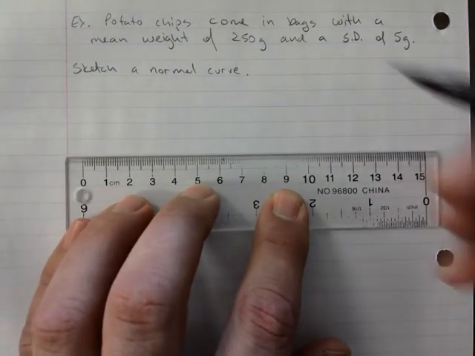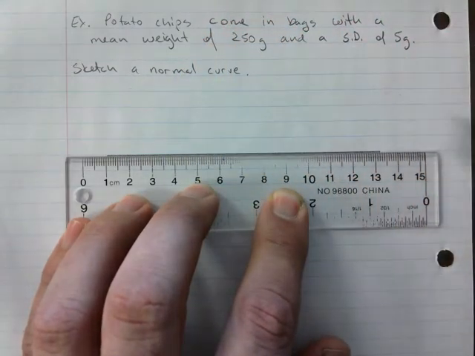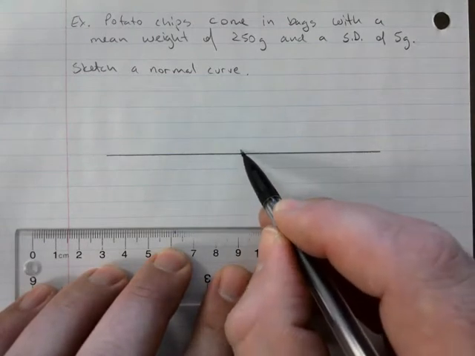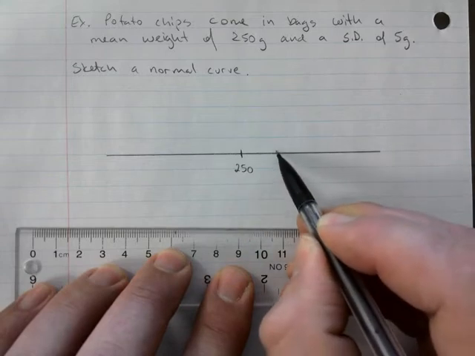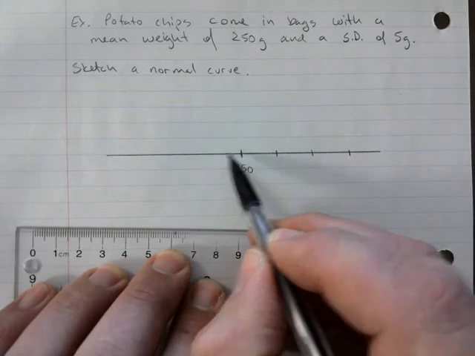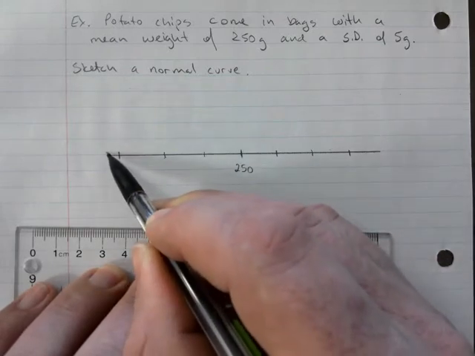So we're going to go, all I'm going to do here is I'm just going to eyeball it, okay? So this is 250, and then I'm going to go 1, 2, 3, and I'm going to go 1, 2, 3 to either end.